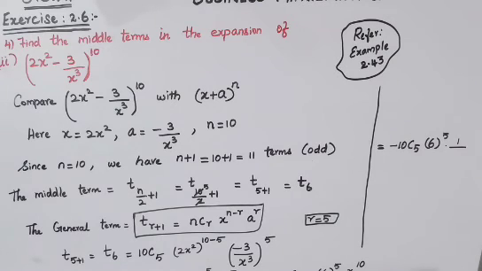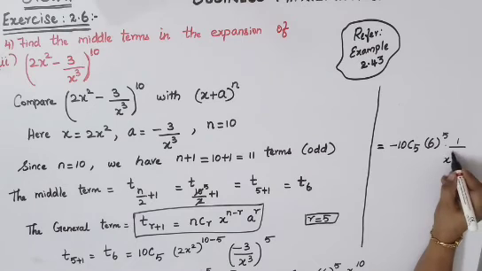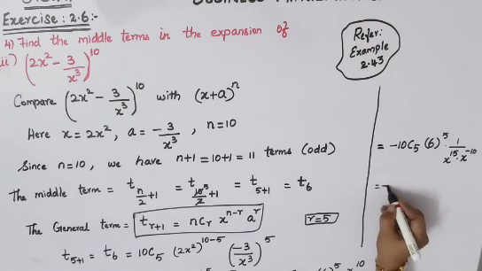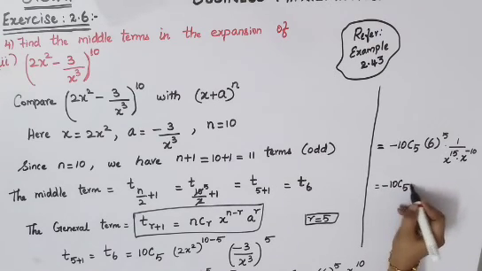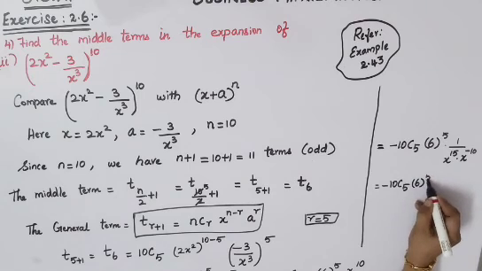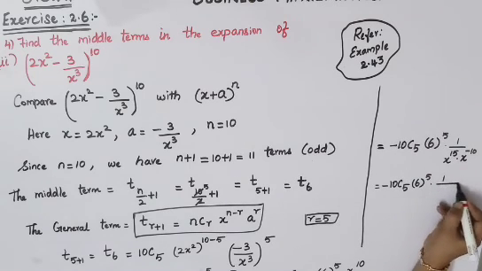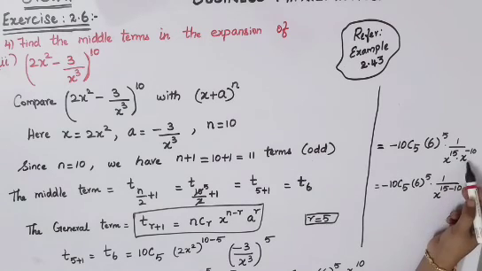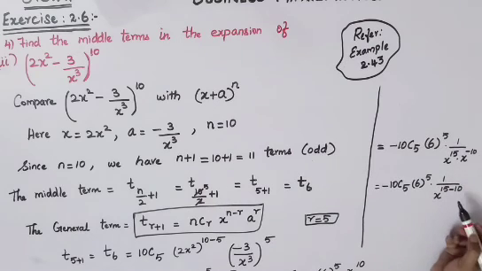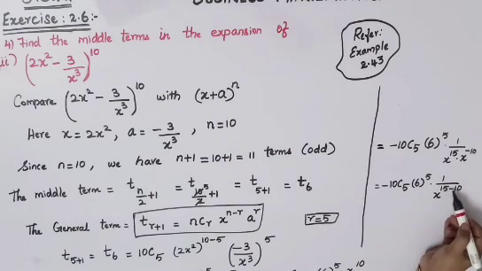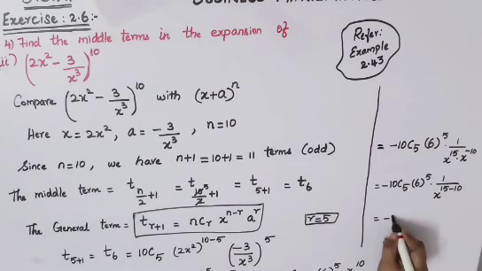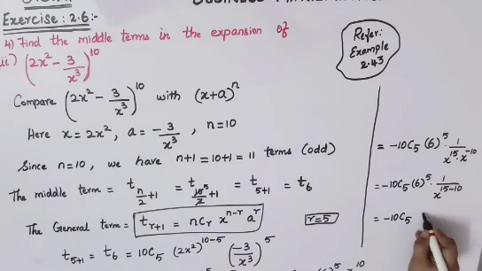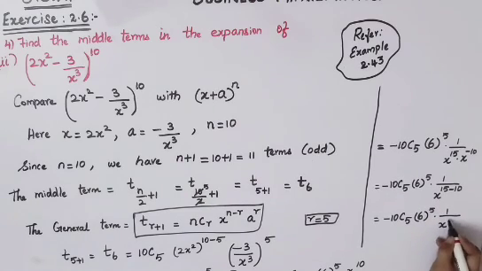So bring your term to the denominator: x power 15 into x power minus 10, which is equal to minus 10C5 6 power 5 into 1 divided by x power 15 minus 10. Since x is the same, you can subtract the powers, so 15 minus 10 gives 1 divided by x power 5.